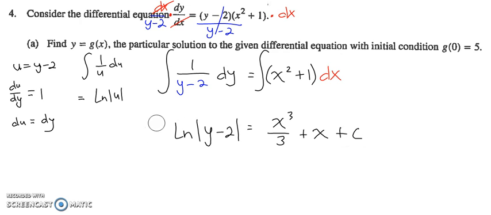Okay, and this is an equal sign right here. What I'm going to do now is raise both sides to the base e, so that the e and the natural log cancel out.